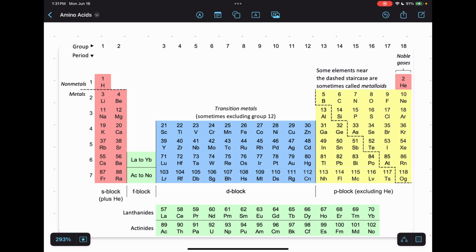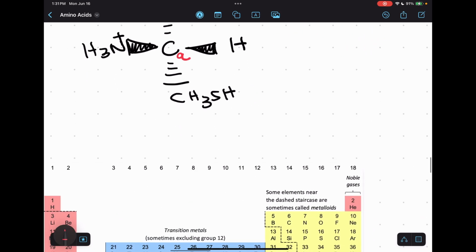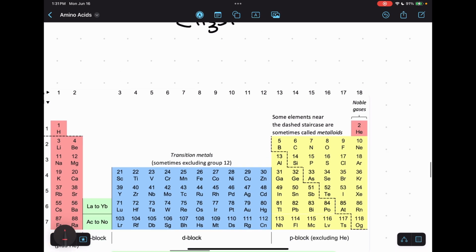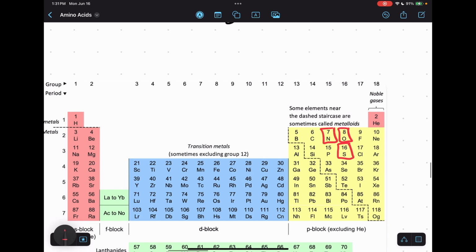So in our cysteine molecule, cysteine amino acid, we have different elements. We have carbon, oxygen, nitrogen, hydrogen, and then sulfur. So if we take a look at these, we have different rungs. We have sulfur right here, atomic number 16, oxygen, atomic number 8, nitrogen, carbon, and then hydrogen.